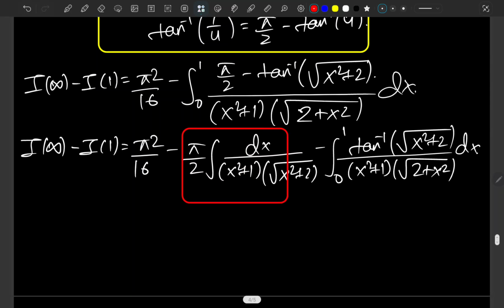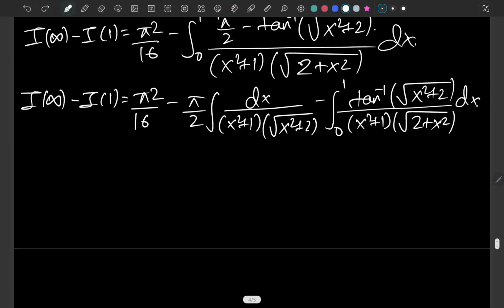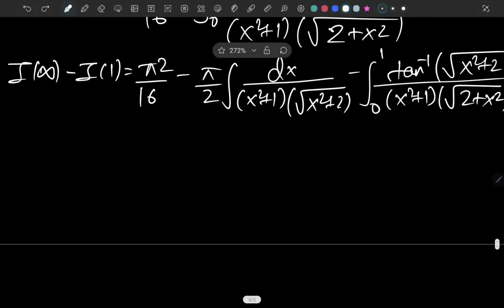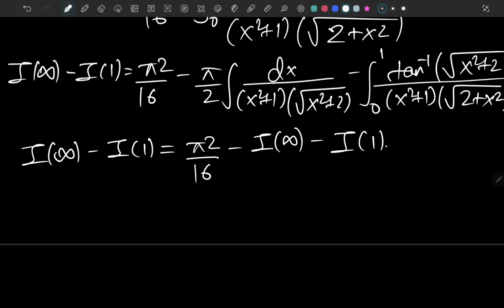This whole thing is I of infinity and this is I of 1. Literally, how cool is that? So this becomes I of infinity minus I of 1 equals pi squared over 16 minus I of infinity minus I of 1.